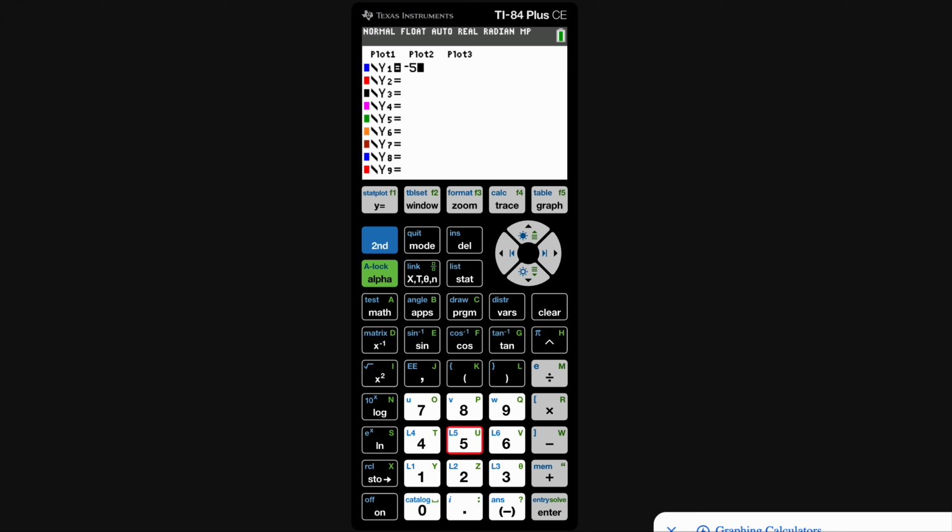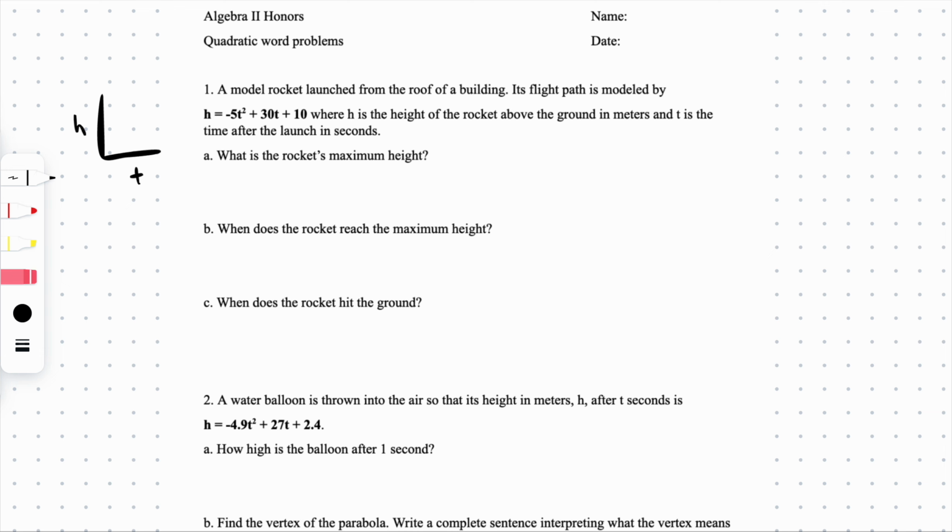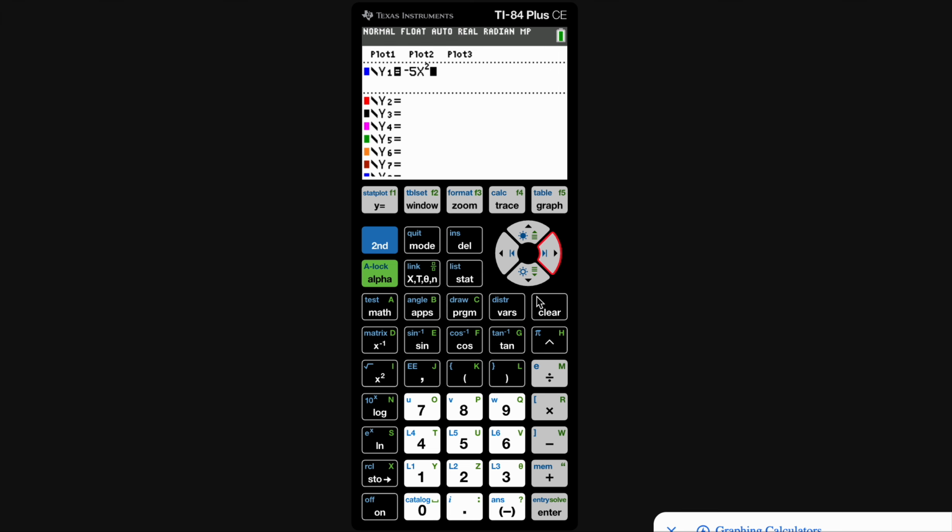So I'm going to say y equals negative 5x squared, then plus 30x plus 10. Okay, great.